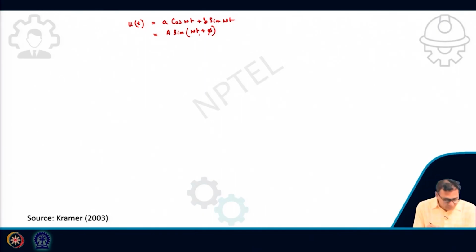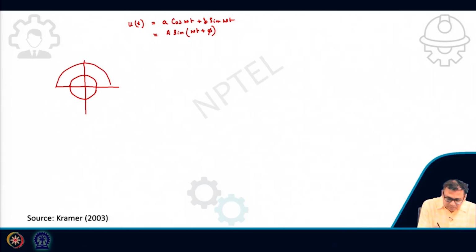Okay, so now if I draw, this is your u or ut. Sometimes I may write u or sometimes I may write ut also.